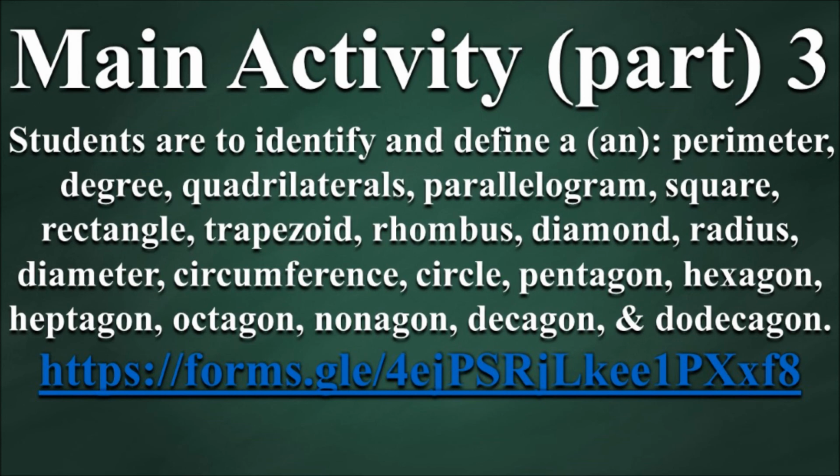Students are to identify and define perimeter, degree, quadrilaterals, parallelograms, square, rectangle, trapezoid, rhombus, diamond, radius, diameter, circumference, circle, pentagon, hexagon, heptagon, octagon, nonagon, decagon, and dodecagon. And again, here's a link to that Google document, which is similar to the other ones you've seen.